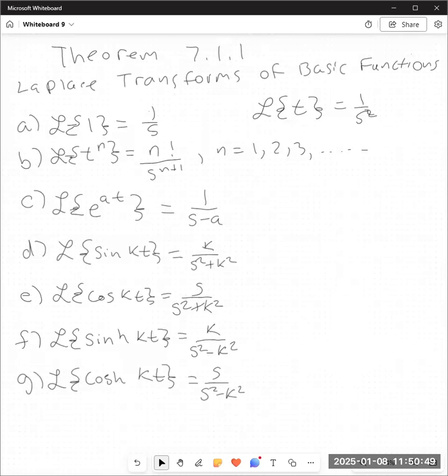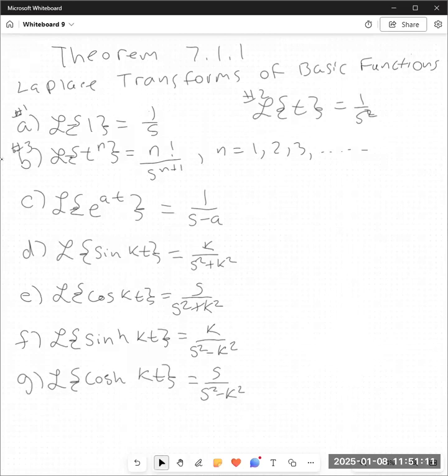I'll keep that out so I can reference some of those numbers here. This is number 1 on that chart. This is number 2. This is number 3.